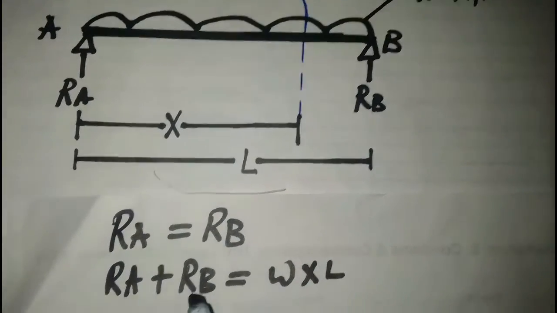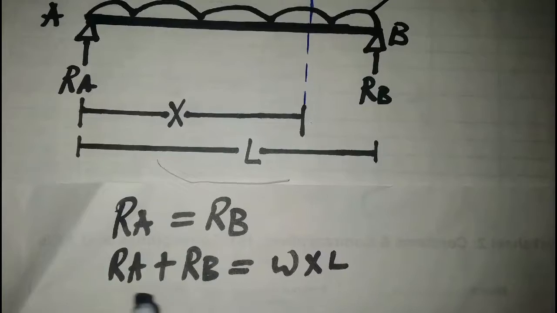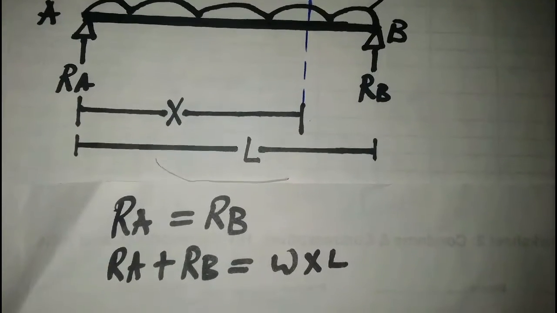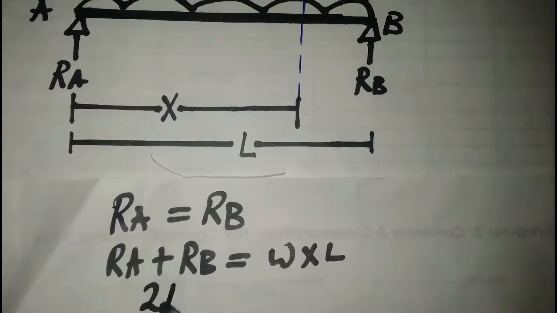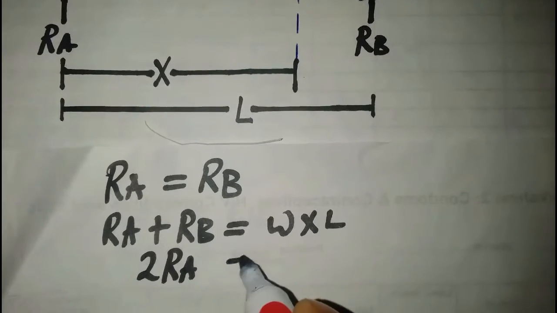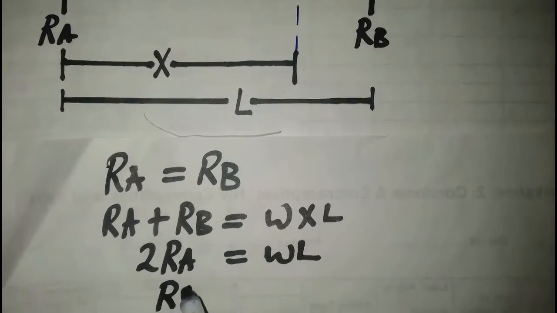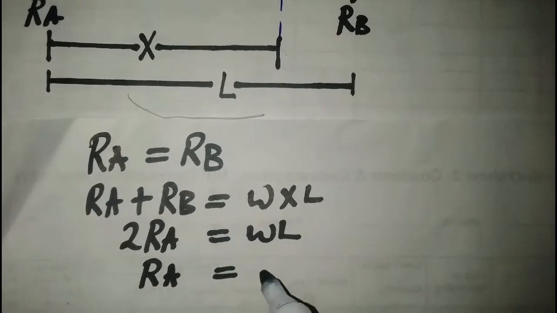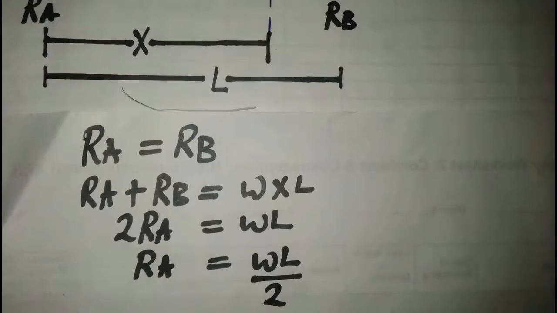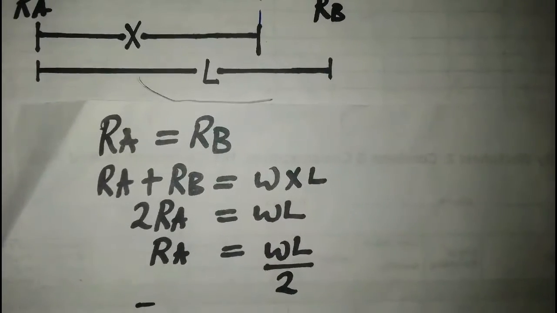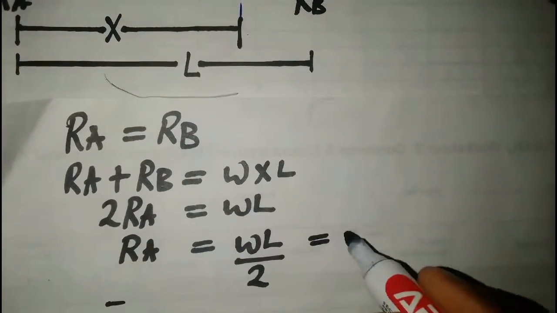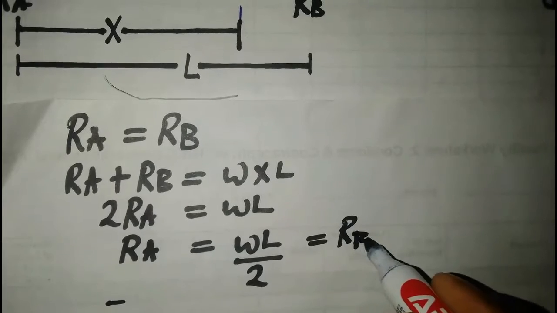Since RA is equal to RB, we express these two in terms of RA. So 2RA will be equal to WL, which leaves RA equal to WL over 2. This is the reaction at A, which is equal to the reaction at B.